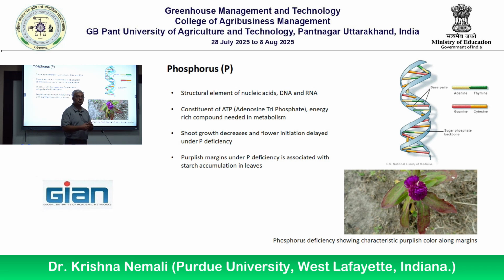Starch should get converted into glucose and then to sucrose and should get loaded into phloem so it can go to different parts of the leaf. But under phosphorus deficiency, the starch accumulates. It doesn't get converted to glucose and sucrose. That accumulated starch is now showing us that purple color. So classic phosphorus deficiency is purplish margins of the leaves. Okay.